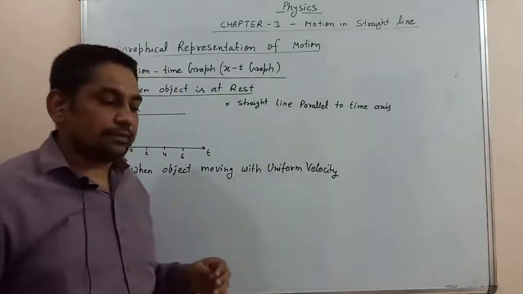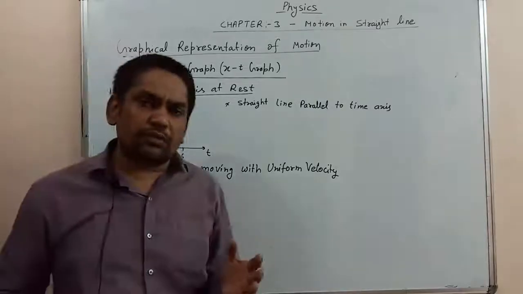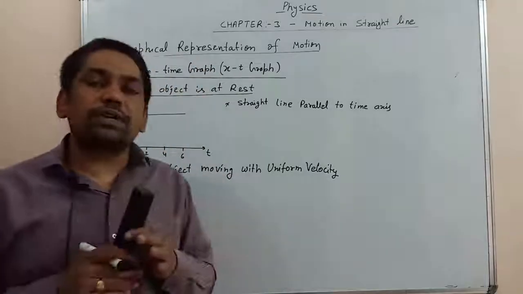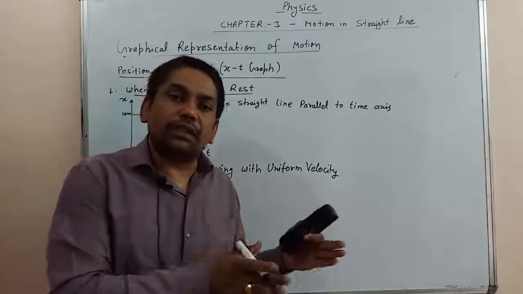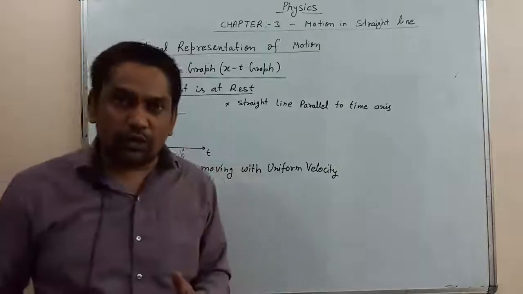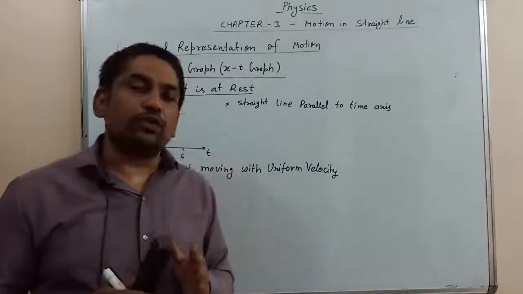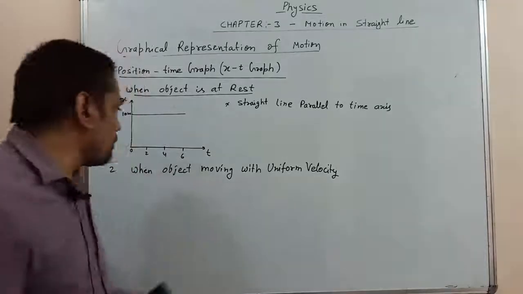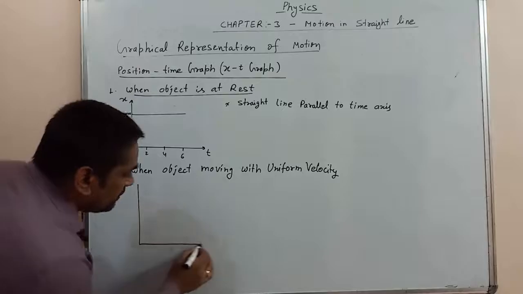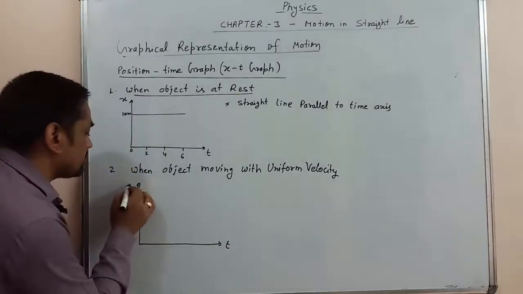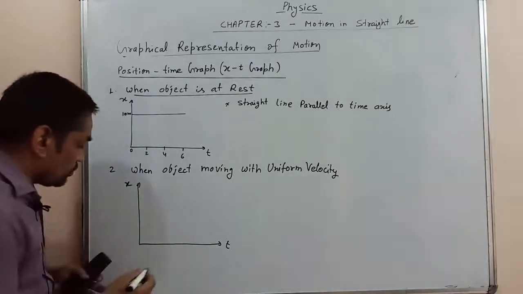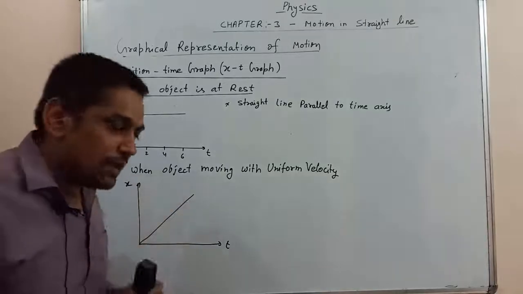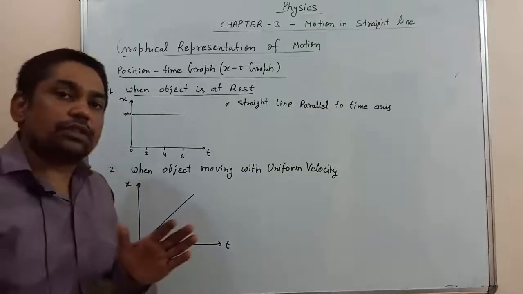What is the meaning of uniform velocity? We discussed in the previous lecture that if an object covers equal distance in equal intervals of time, then the motion of that object is called uniform. So if an object is moving with uniform velocity, the graph between time and displacement is a straight line but not parallel to the time axis. The straight line with a slope.